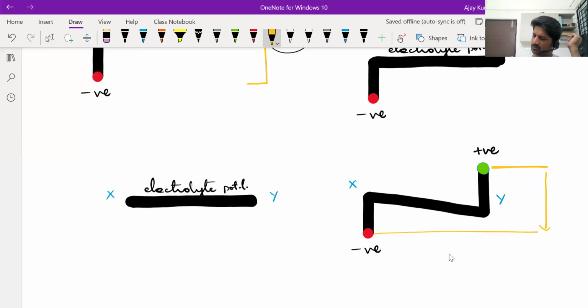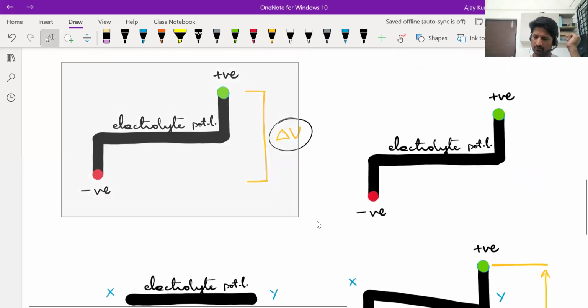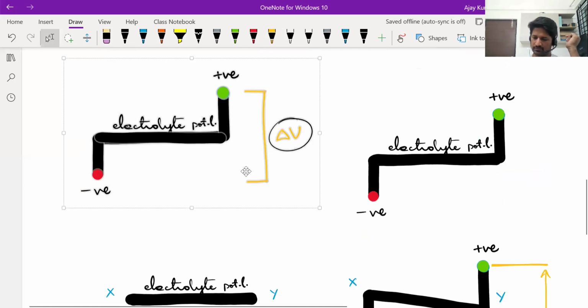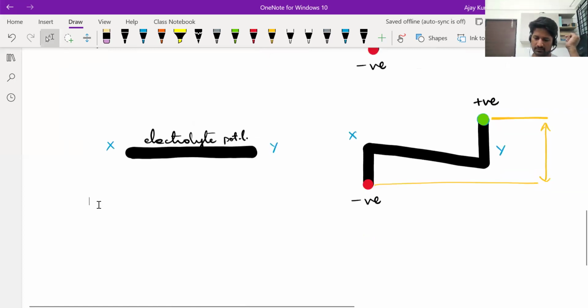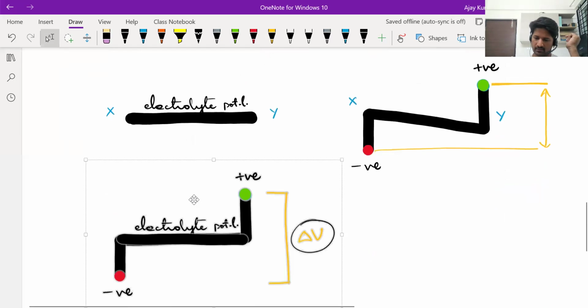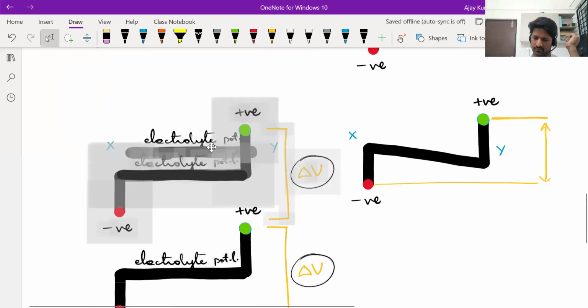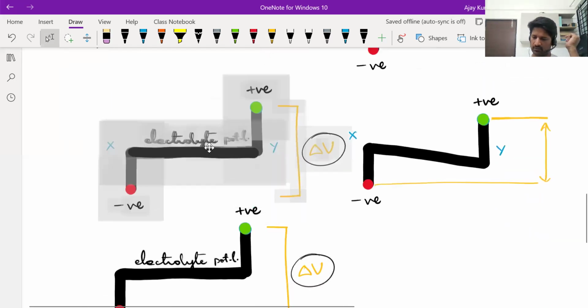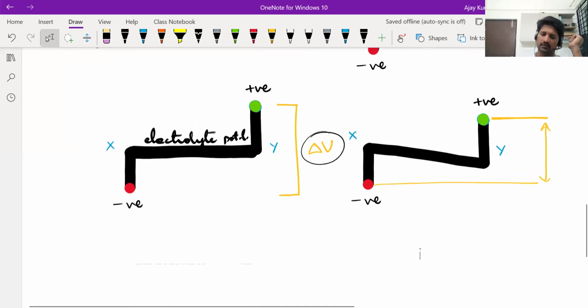It's only this much. Earlier, when the entire electrolyte was at one potential, you had greater potential difference between the anode and the cathode. We call that EMF.